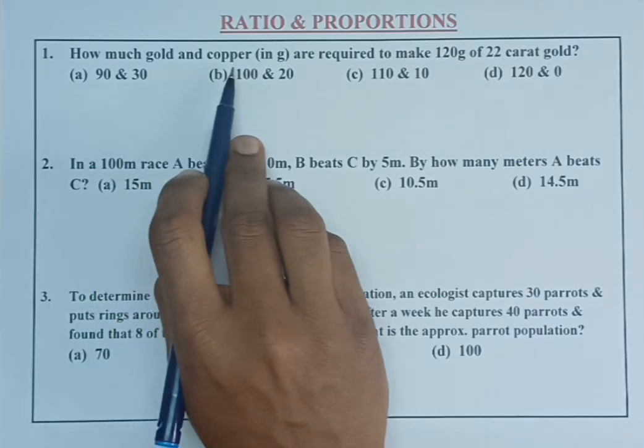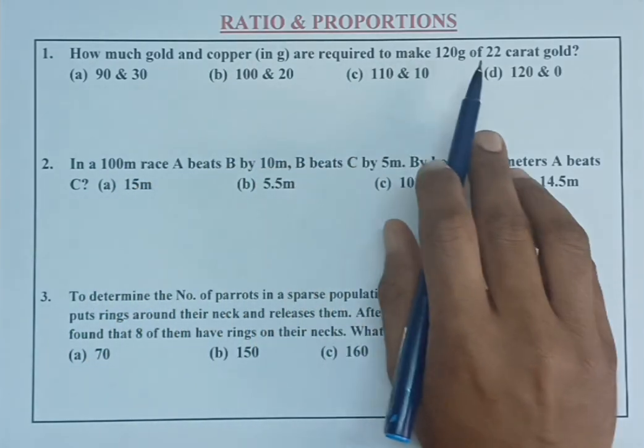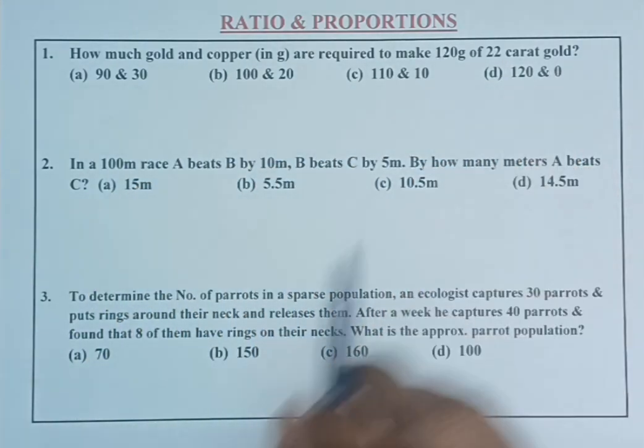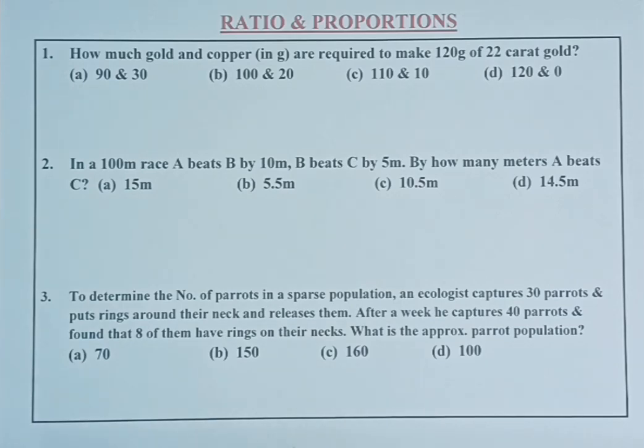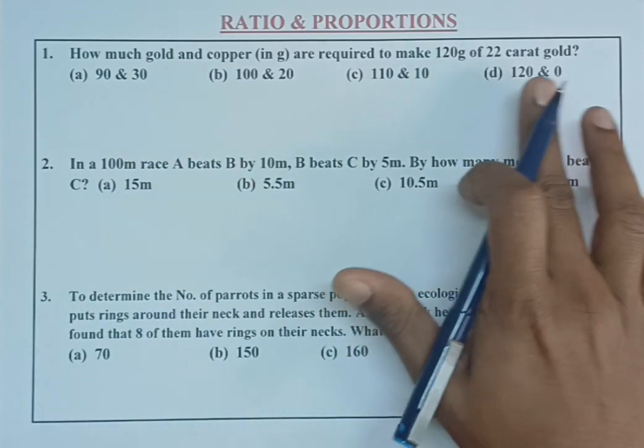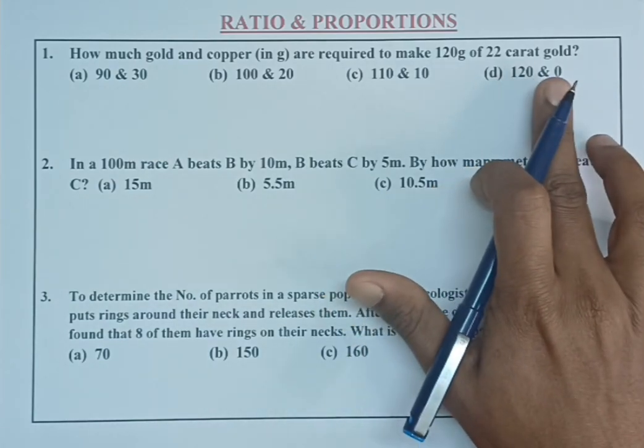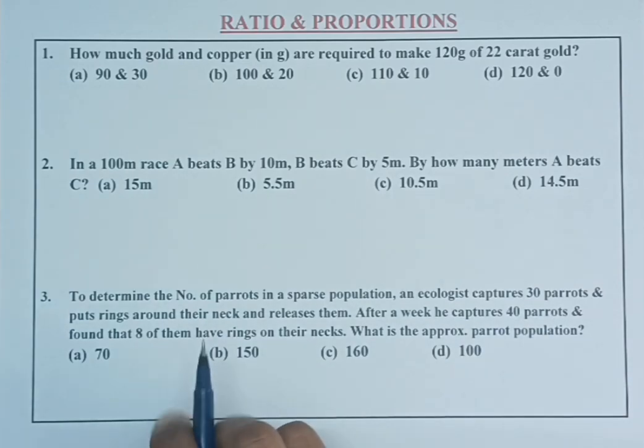How much gold and copper, in grams, are required to make 120 grams of 22 karat gold? Whenever we talk about gold, the total is 24 carats. So if it is 22 carat gold, it means 22 carats are gold and 2 carats are copper.